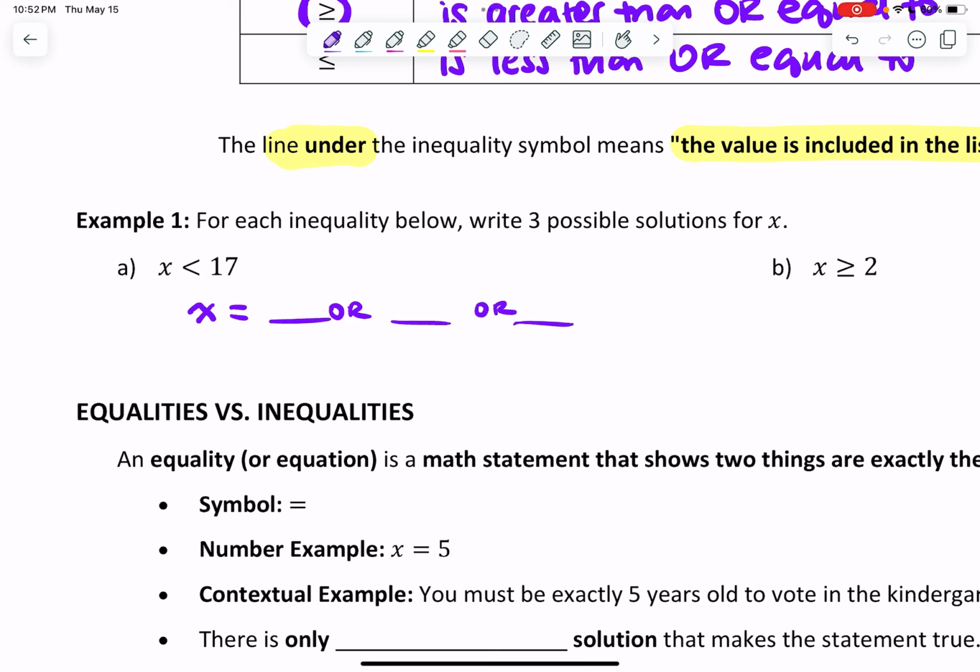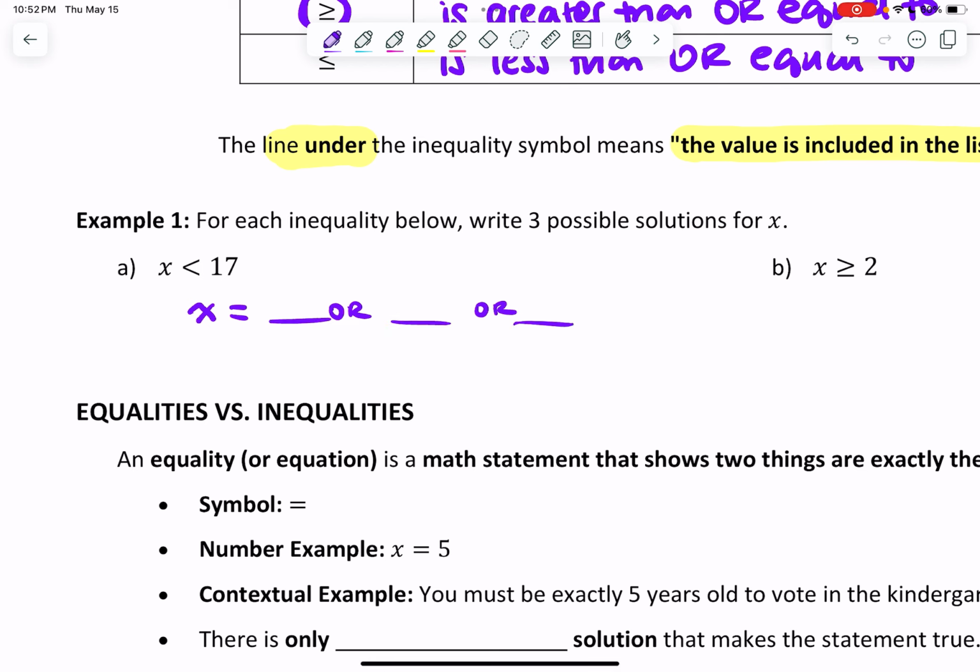I have lots of options, but there are some options I cannot include. Because I have a less than symbol and not a less than or equal to symbol, 17 is not a possible solution. 18 isn't either, 19 isn't, 20 isn't, etc. But any number that is less than 17 is a possible value for X.